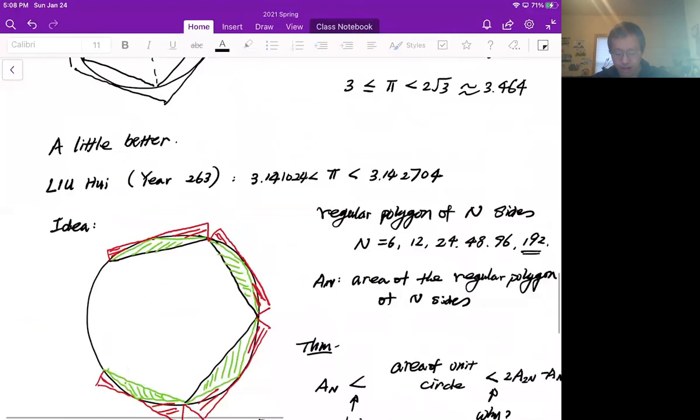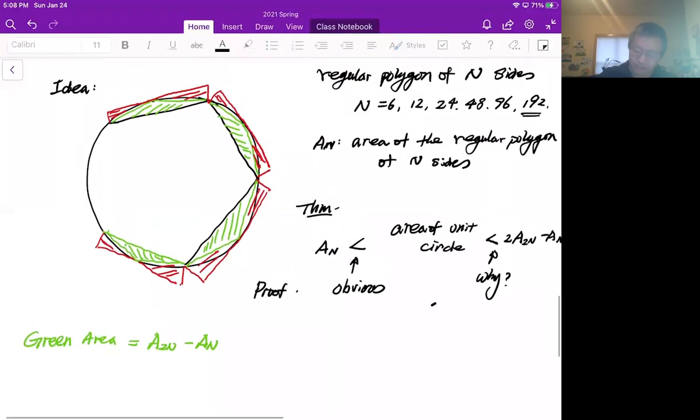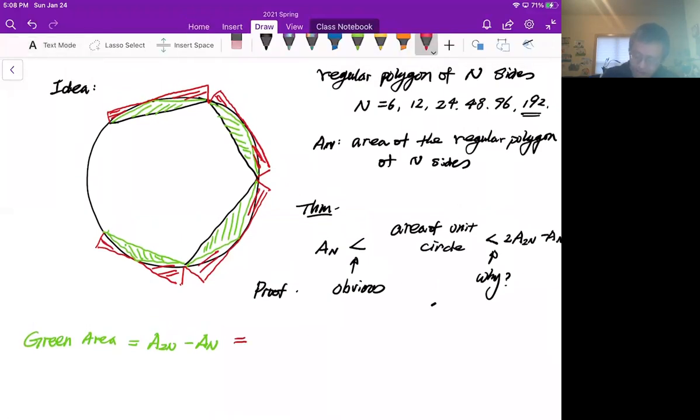So that just means that that's the same as the red area. Okay. And now, so how to do this? Now to finish the proof, the area of the circle. Let's see.